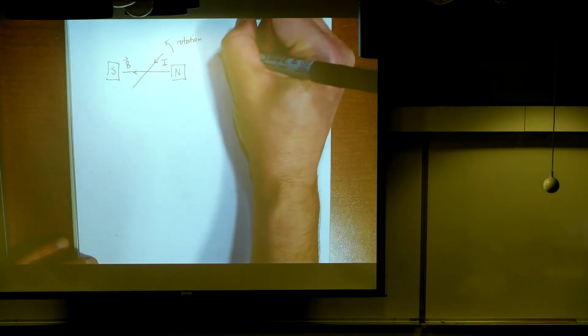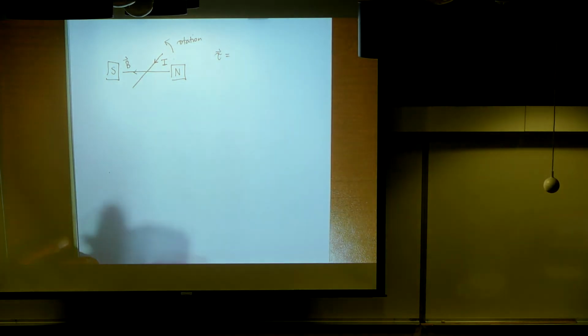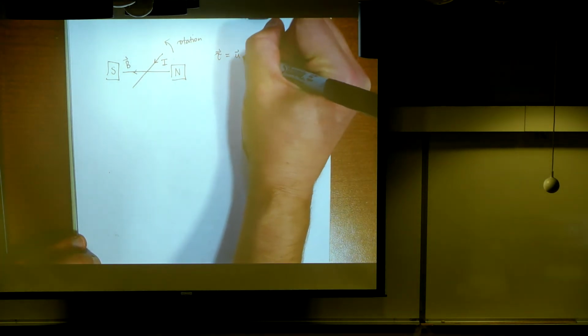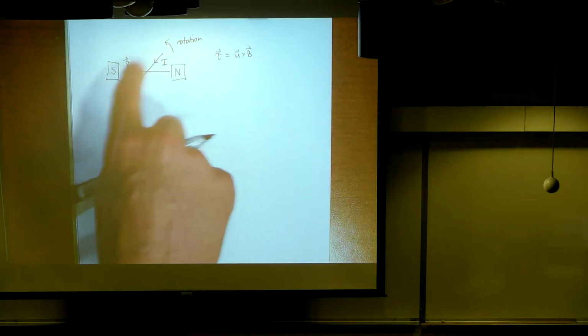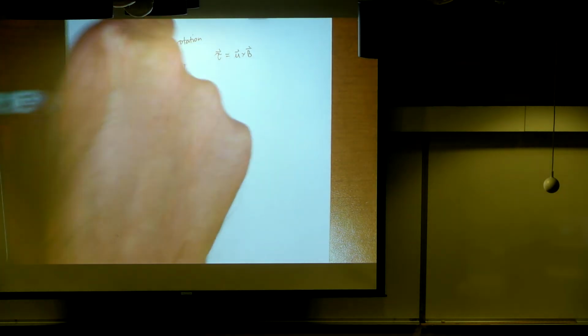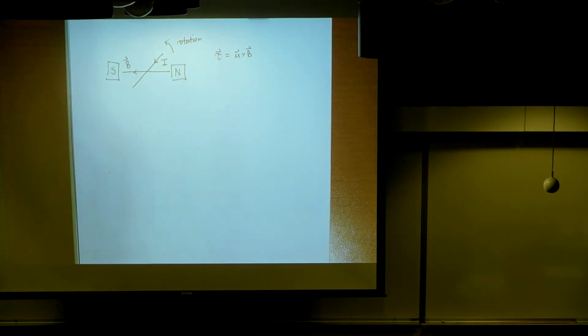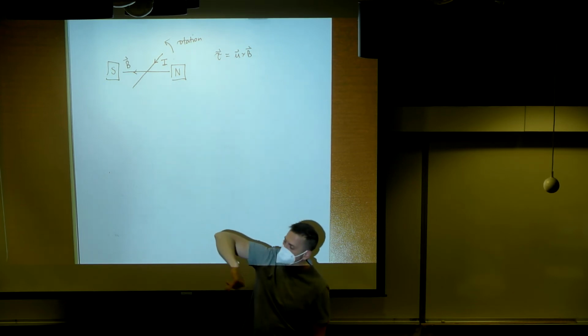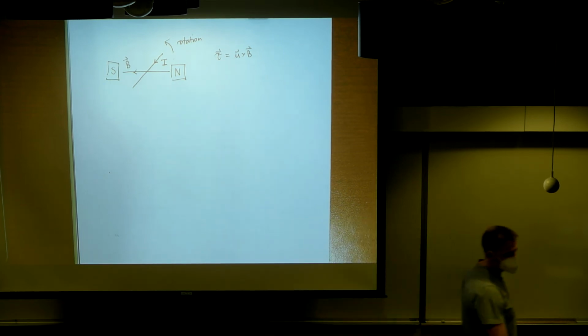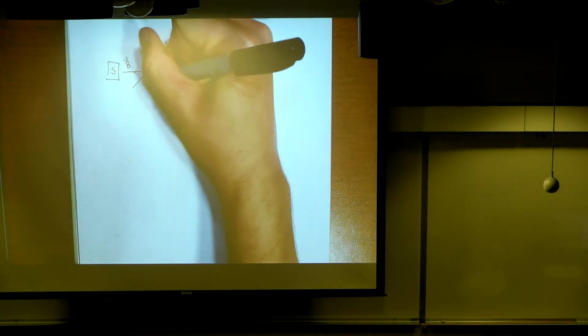All right, cool. I know that the torque that's going to be experienced by this thing is equal to mu cross B, right? So we better figure out what mu is in this picture to figure out what kind of torque our loop is going to be receiving. What's the direction of our mu vector? Curl your fingers in the direction of I. It's kind of going down and to the right like this.